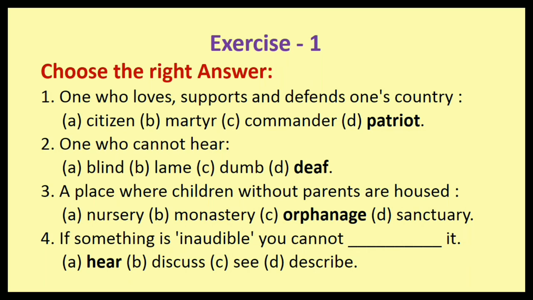One person who cannot hear is known as deaf. Next, a place where children without parents are housed, and the options are nursery, monastery, orphanage, and sanctuary, right? And the right answer is orphanage.